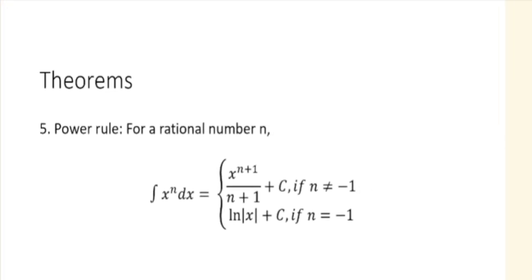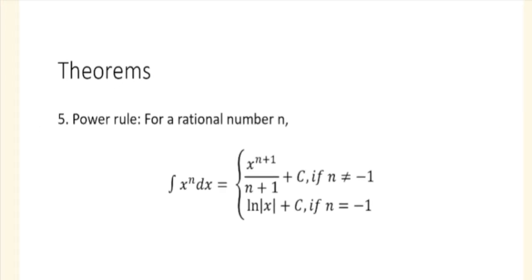Okay, fifth one, ito yung feeling ko magiging favorite nyo, parang yung power rule in getting the derivative. Ito yung kanyang counterpart in getting the antiderivative. So basically, ito lang yung inverse ng process na yun.